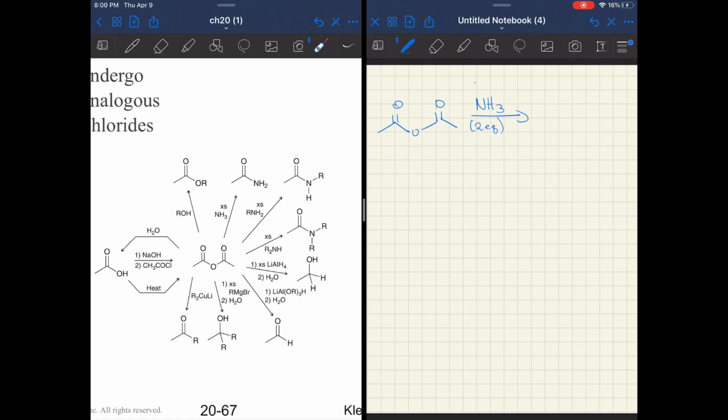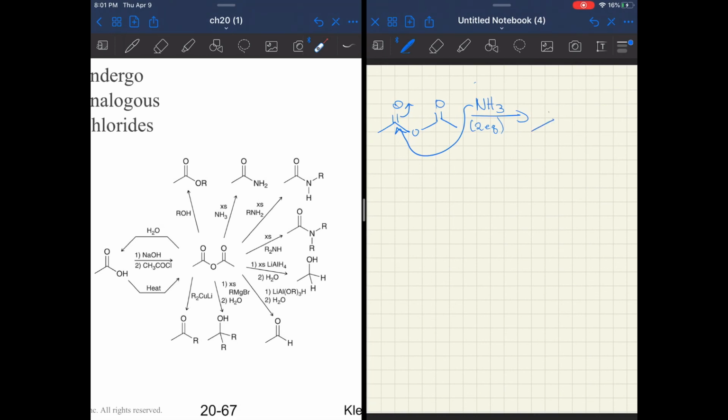Okay. You are going to attack your carbonyl. You are going to open up that pi bond. I will only give you symmetric anhydrides because there's no real reason to pick one versus the other here. So if you want to get a uniform product, you're going to pick a symmetric anhydride.